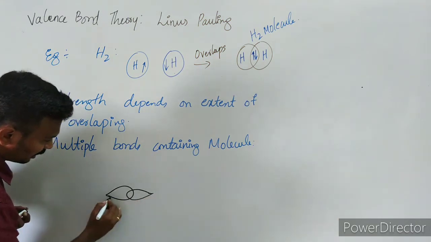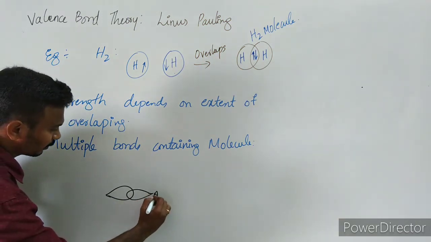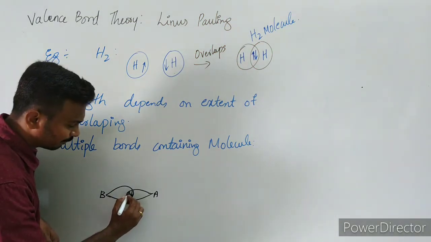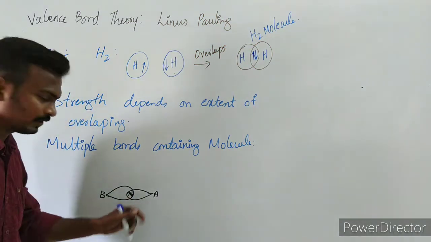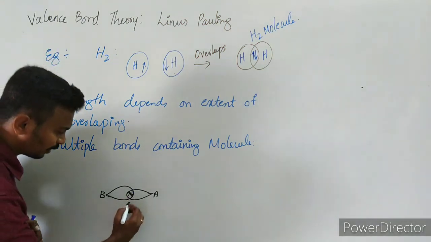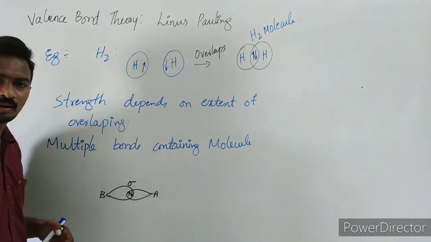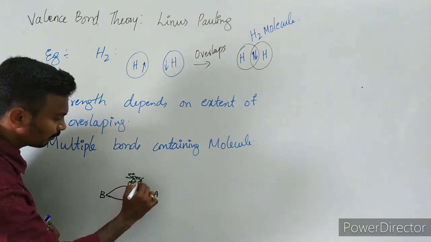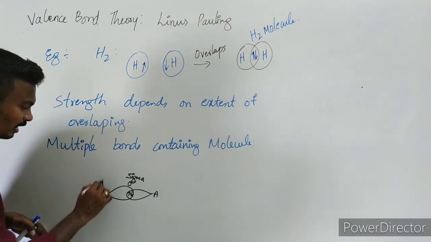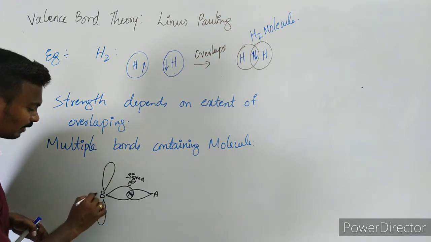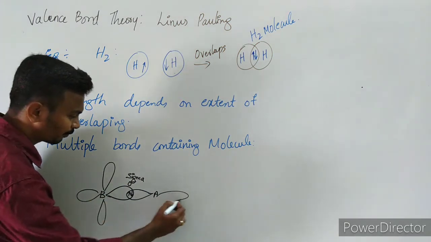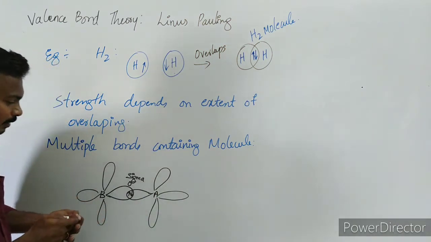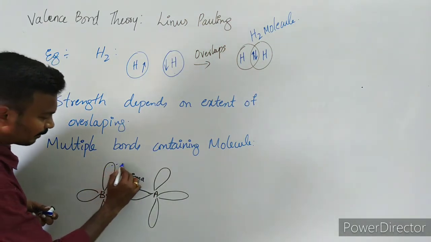Say this is an atom A and this is an atom B. This end-on-end overlapping will lead to a sigma bond. What is this bond? Sigma bond. Next, the remaining valence orbitals will overlap perpendicularly.